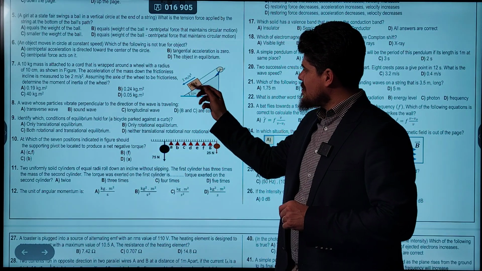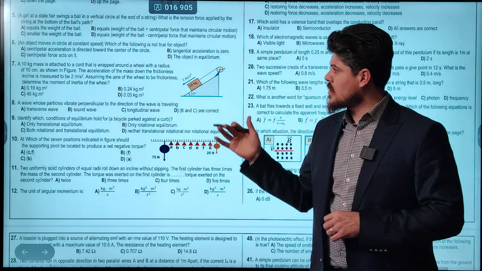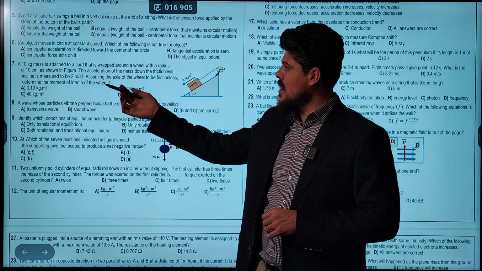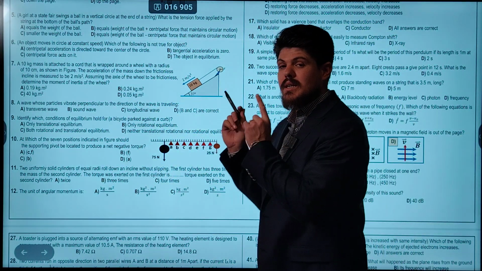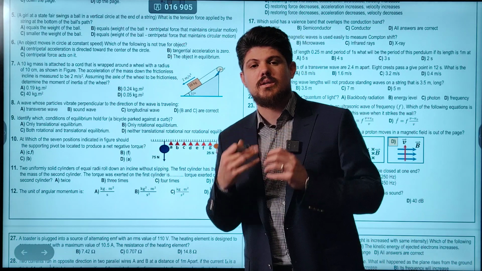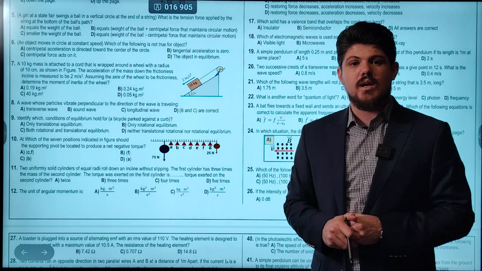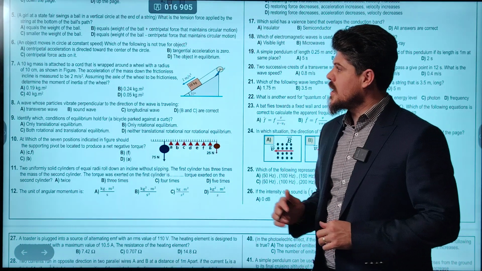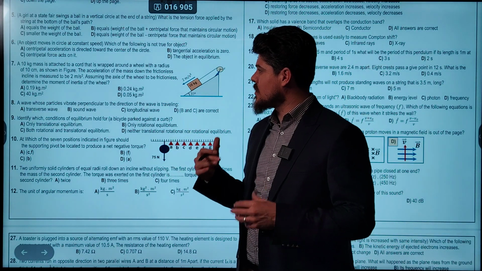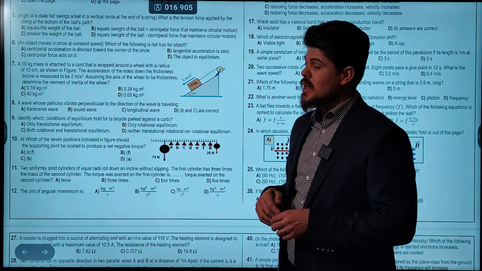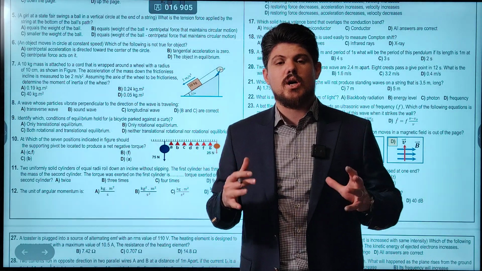The acceleration of the mass attached to the cord on the frictionless incline is measured to be 2 meters per second square. Assuming that the axle of the wheel is frictionless, determine the moment of inertia of the wheel.